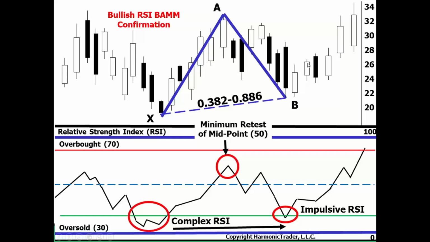If it's confirmation, we're usually looking at a retracement level. This at the B point, that could be a bat or a Gartley. Not a surprise. If it's going to be, and we'll look at the divergence in a second, and those are usually extension patterns, but the key is the sequence of the W, go to the 50, and then come back for a quick impulsive retest.